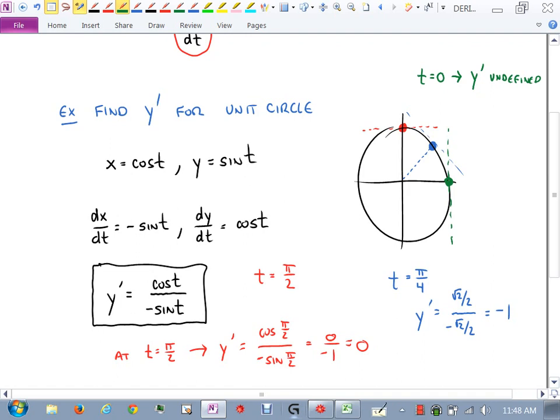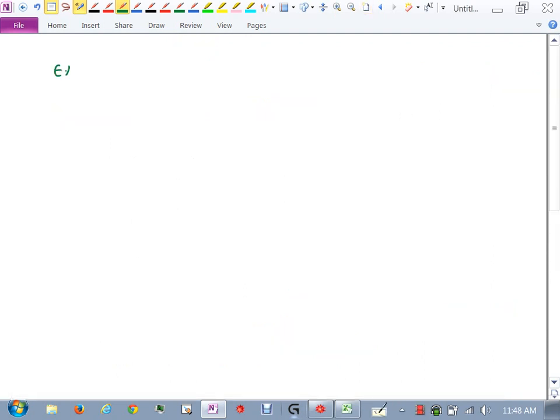All right, so let's take that cycloid problem. We have that cycloid that I put up here, right? This was it right here. x was equal to t minus sine t, and y was equal to 1 minus cosine t.